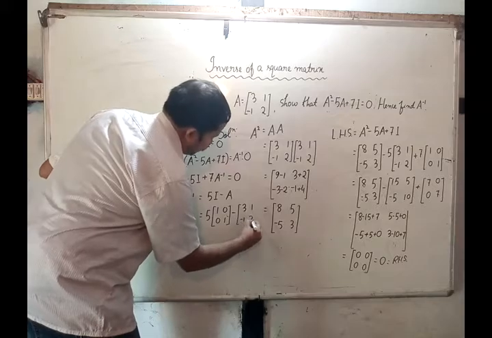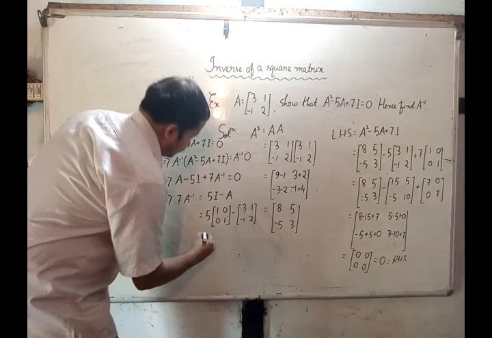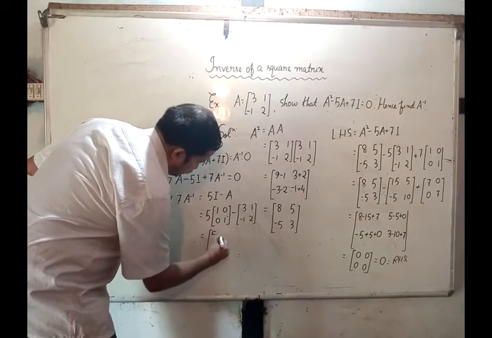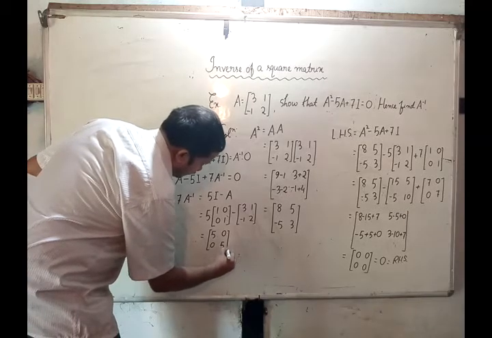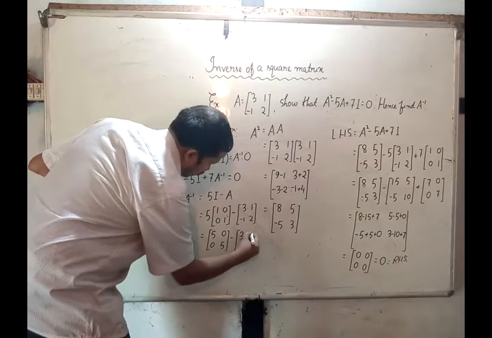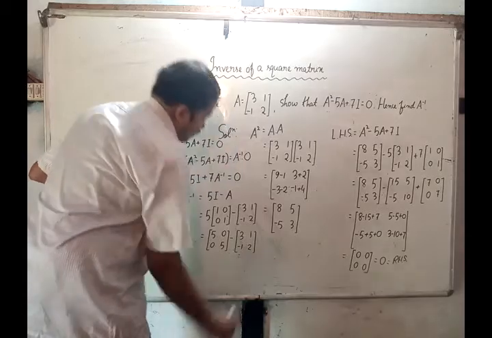Here it is equal to 5, 0, 0, 5 minus 3, 1, minus 1, 2. Corresponding elements are subtracted, 5 minus 3.